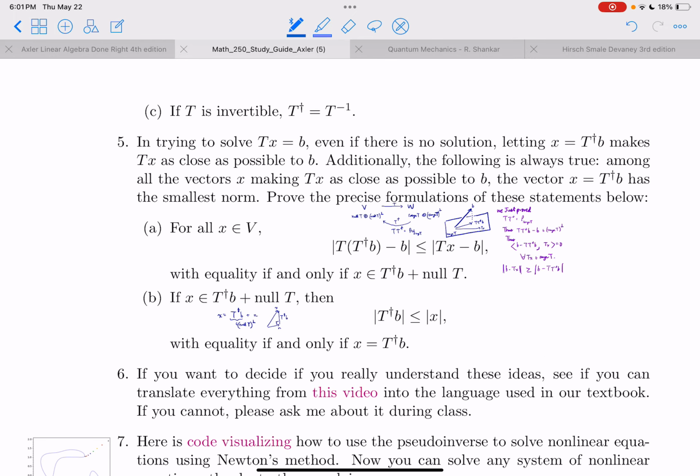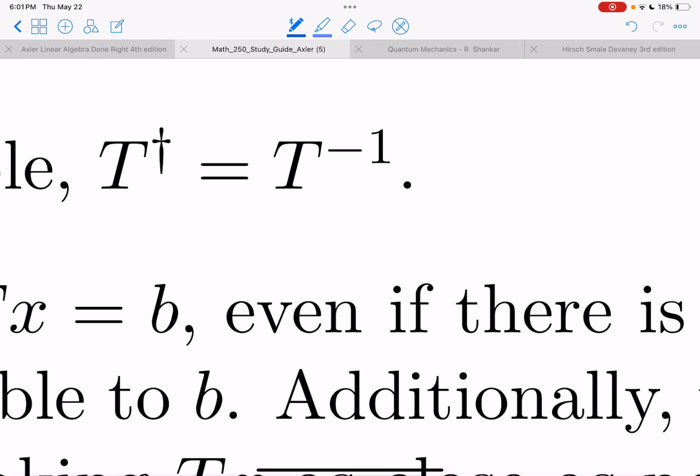Now, if T is invertible, then the pseudo-inverse is actually the inverse. And that's pretty clear because you invert T on the null of T perp.